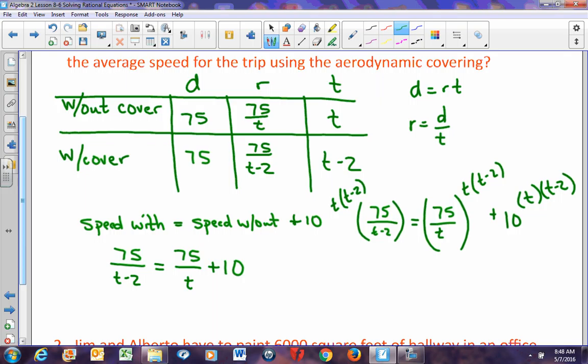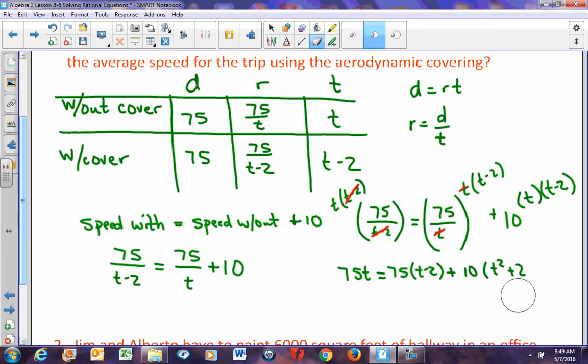Okay, so there's my equation. I've taken care of the common denominator, t times t minus 2. This cancels with this, and this cancels with this, and nothing cancels over there. So now I've gotten rid of my denominator, so I have 75t equals 75 times t minus 2, plus 10 times t squared minus 2t.